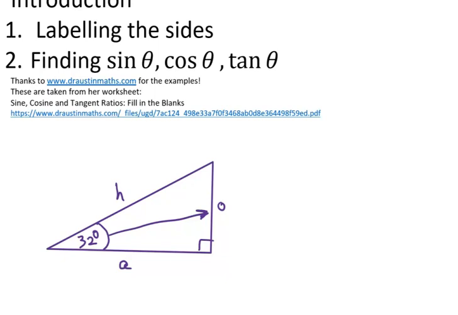Well, trigonometry is all about the patterns between different pairs of sides. And we have three what we call trigonometric ratios that we're going to start off with: sine theta, cos theta, and tan of theta. And they link up different pairs of side lengths.